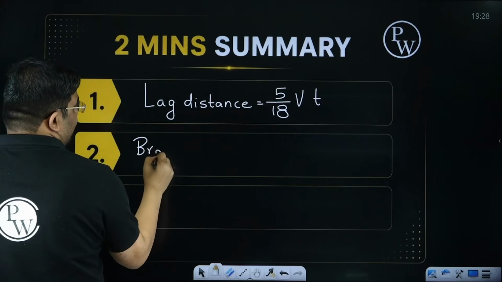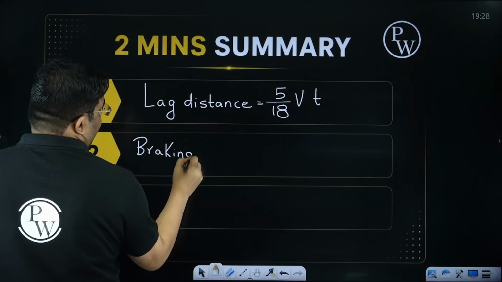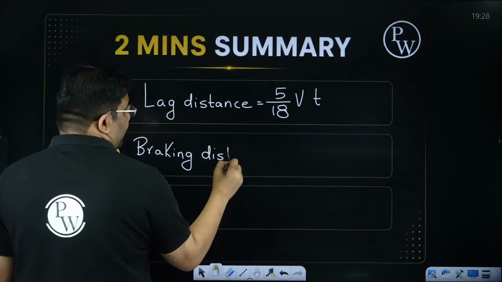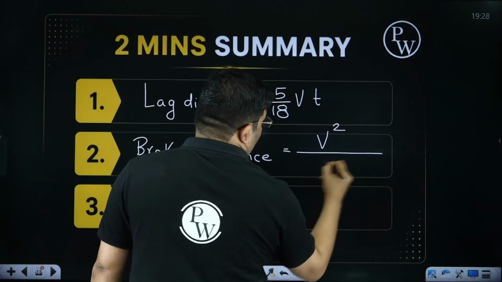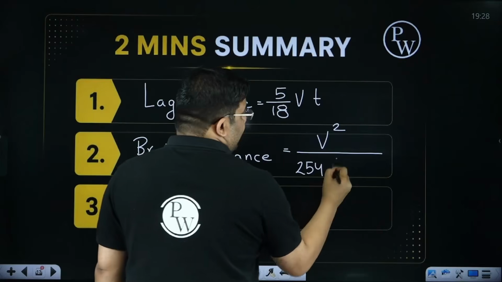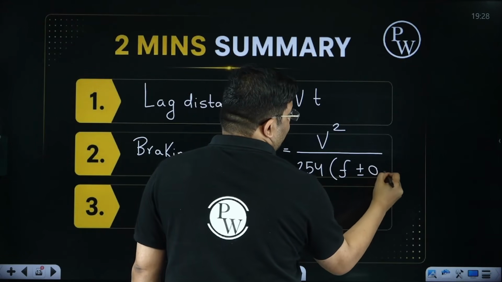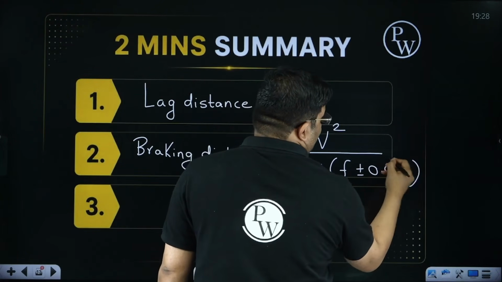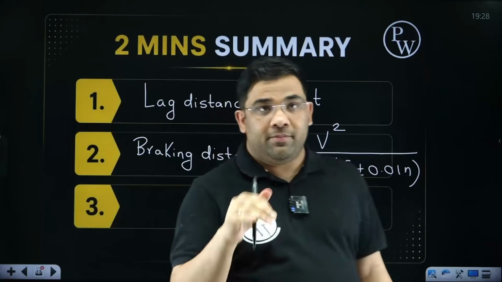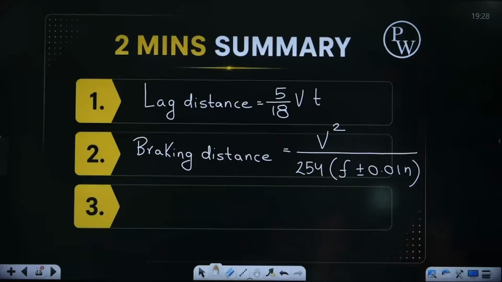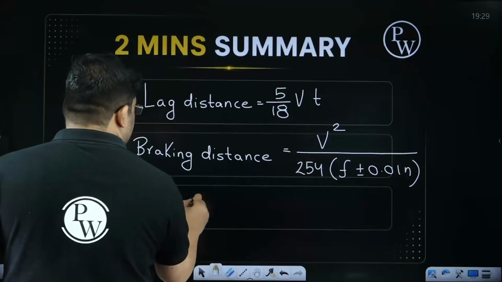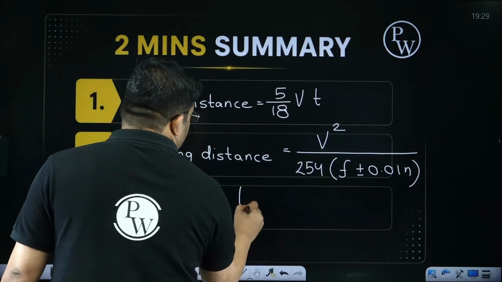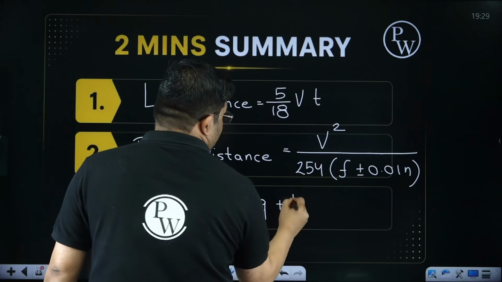The braking distance we derived is V square by 254 into F plus or minus 0.01 N. We use plus when we have an up gradient and minus when we have a down gradient. If nothing is mentioned in the question, we can assume N as 0. The SSD, the stopping sight distance, is equal to the lag distance plus the braking distance.